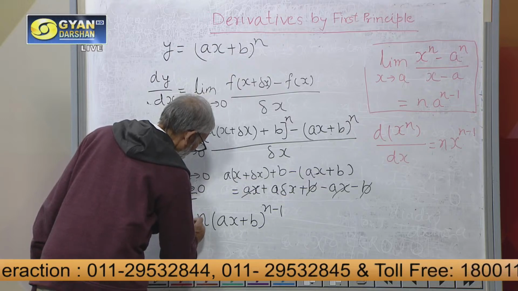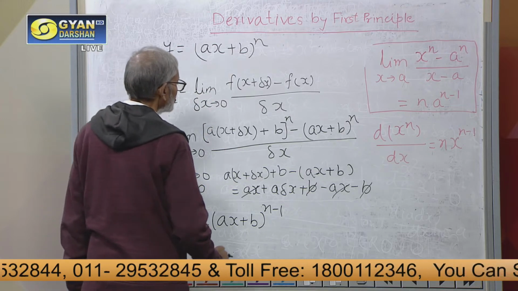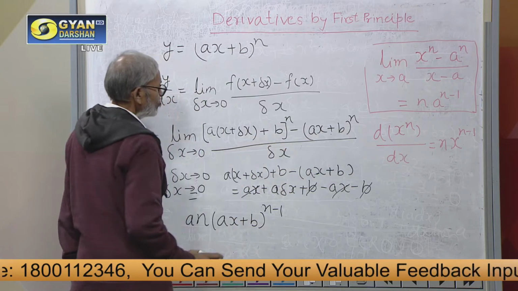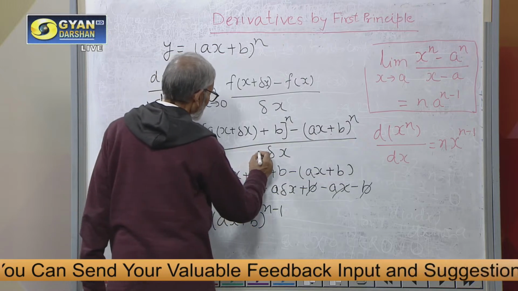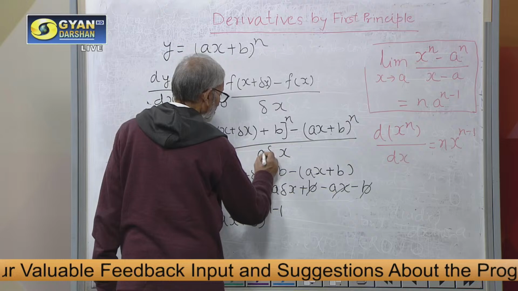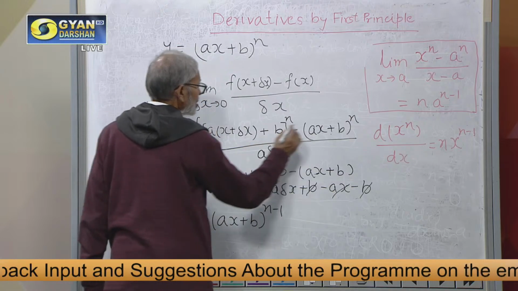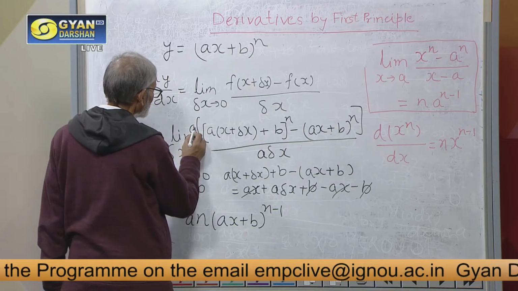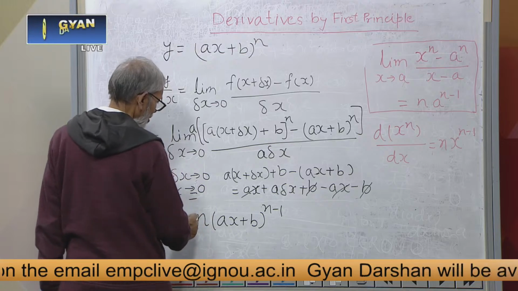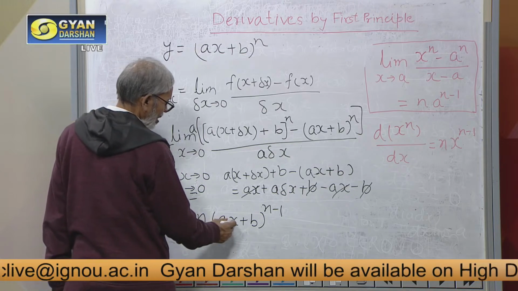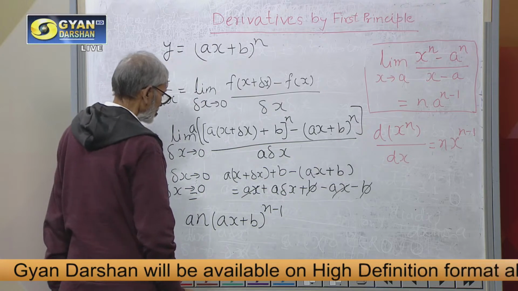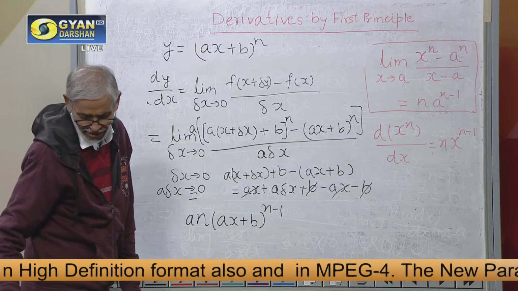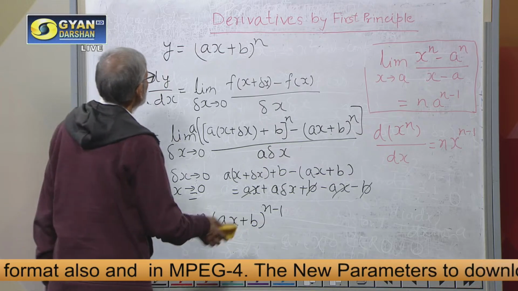For finding this, we multiply by a, and this constant a will come outside. So, it will come out as a n (a x plus b) to the power n minus 1. This will be the derivative by first principle.